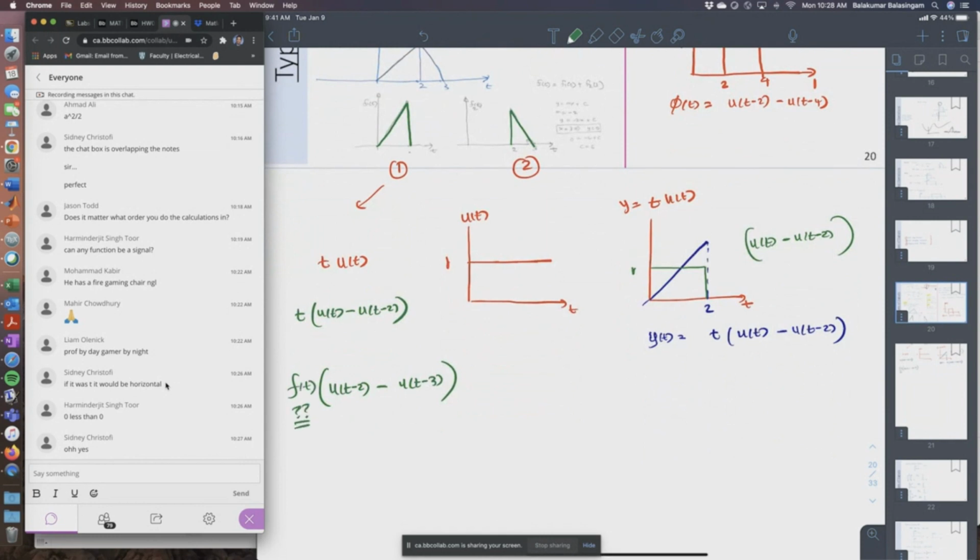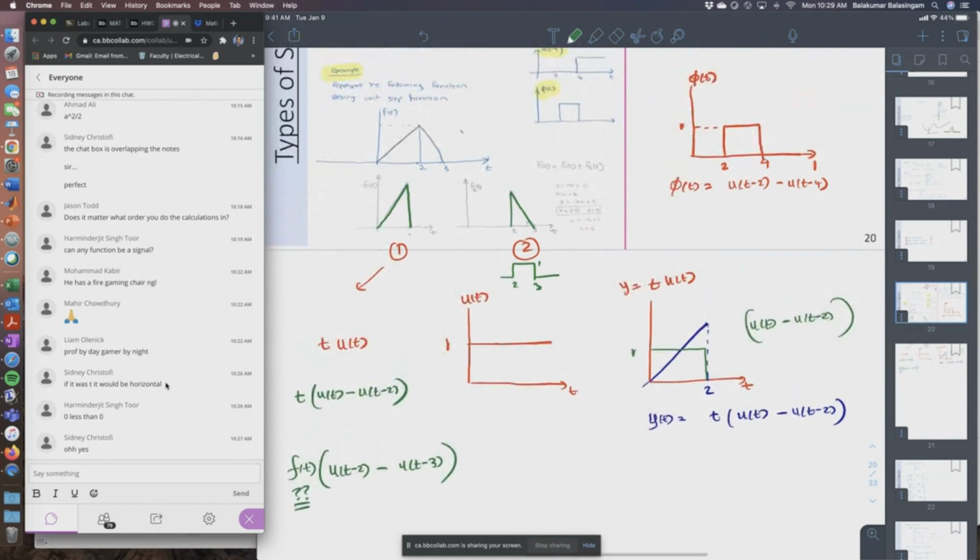So that is the second function. It goes down, and I just found the mask. This is the mask that we want to apply: 1 from t equals 2 to 3. That is the pulse. We're going to multiply that pulse. Now the remaining task for me is to find the equation of this straight line.